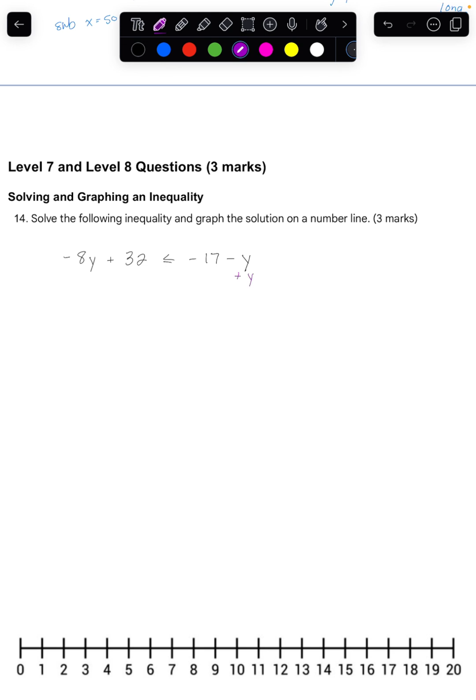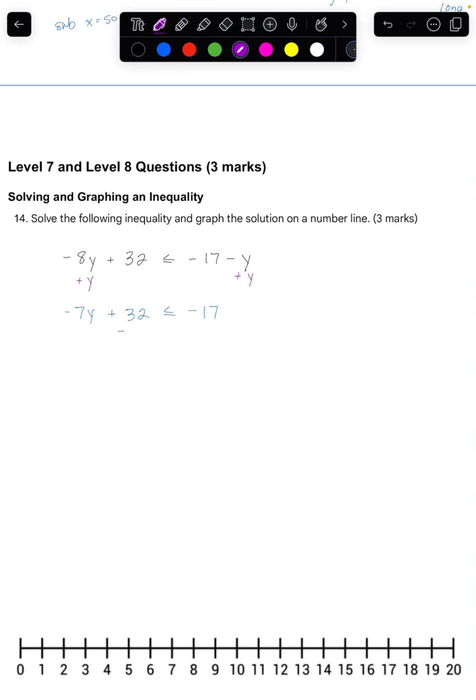Plus y, plus y. And now this negative 8y plus y leaves us with negative 7y plus 32 is less than or equal to negative 17. Let's now isolate this negative 7y.